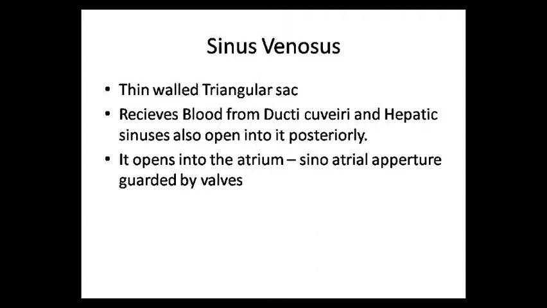So it collects the deoxygenated blood from various parts of the body, and it opens into the atrium, which is in front of the sinus venosus, through an aperture known as the sinoatrial aperture, which is guarded by valves. These valves always check the flow of blood from the atrium into the sinus venosus. These valves allow the blood flow from the sinus venosus into the atrium only.